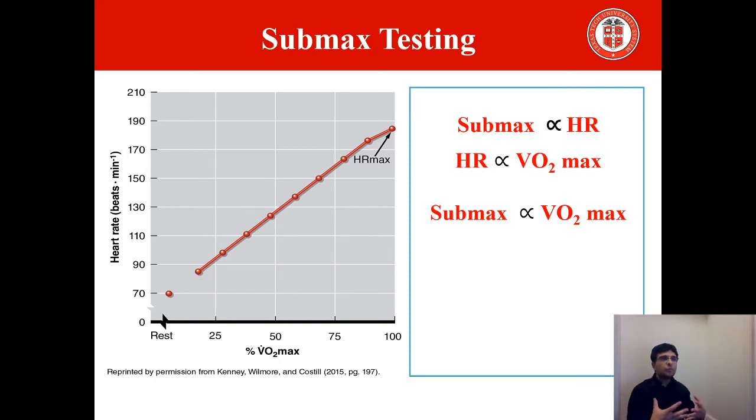We cannot assess VO2 max directly here because we are not using a mask, we don't have a metabolic cart attached, but we can assess submaximal testing by correlating it with the heart rate, and because heart rate is directly proportional to VO2 max, we can always say that submaximal exercise is directly proportional to VO2 max, and we can comment on someone's VO2 max keeping his submaximal exercise testing into perspective.